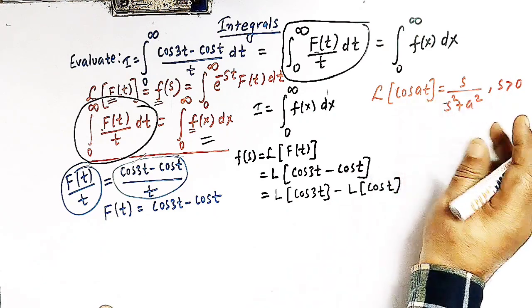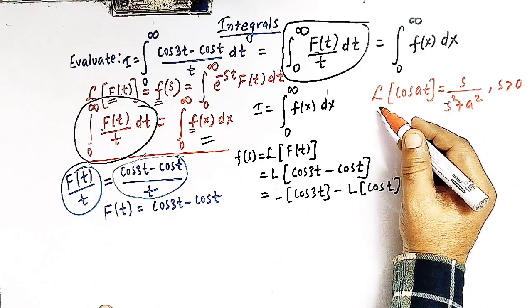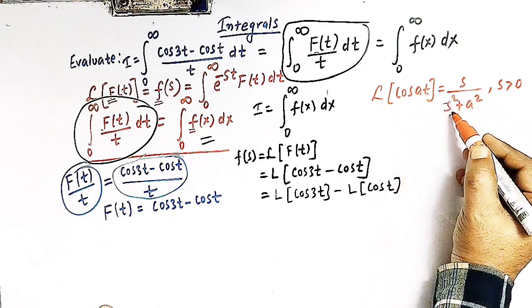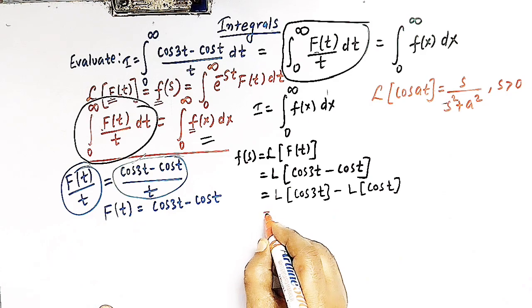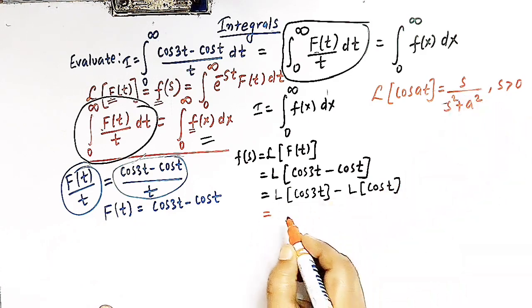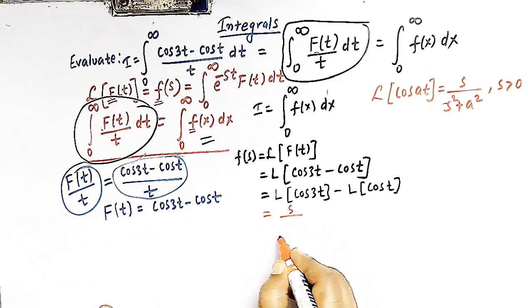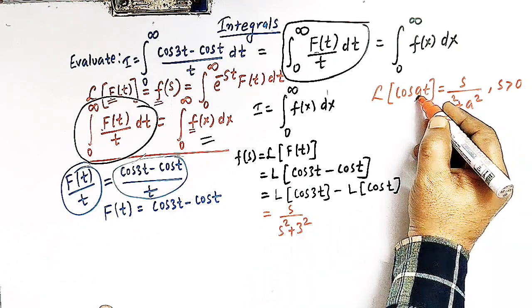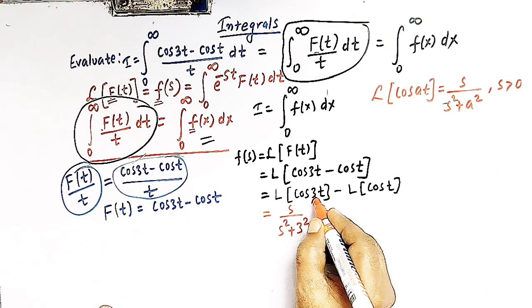So the Laplace transform of cosine 3t is s divided by s square plus 3 square, because a is 3.